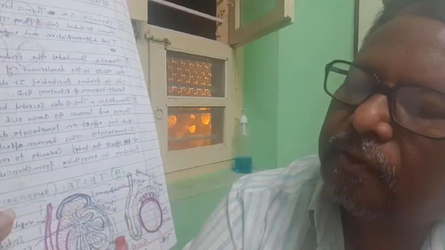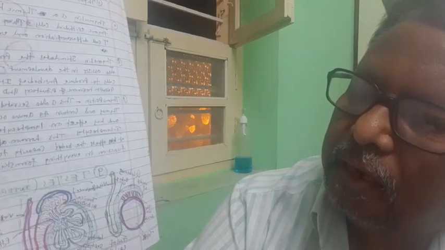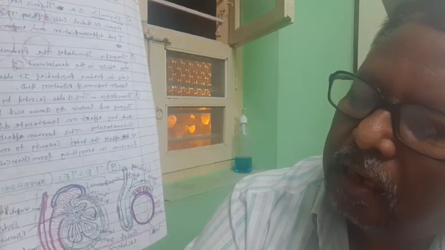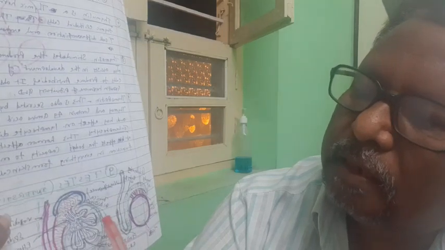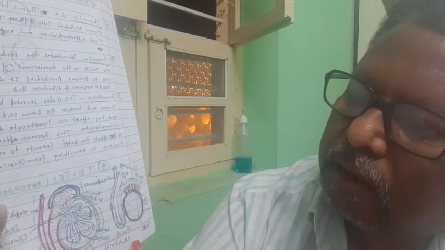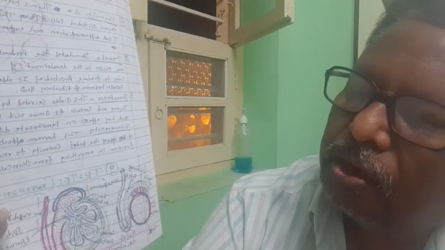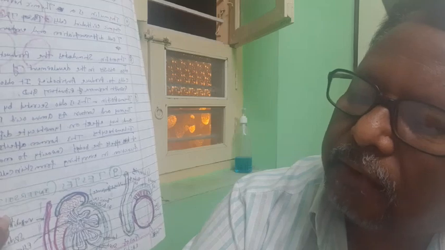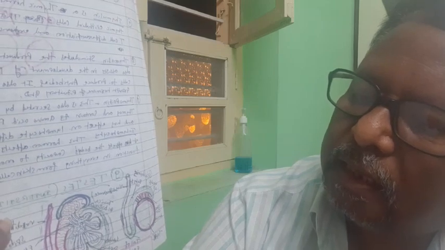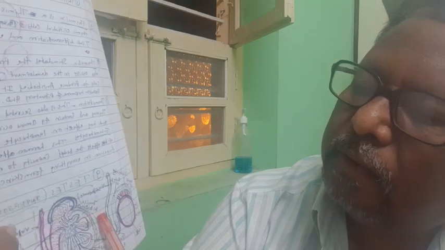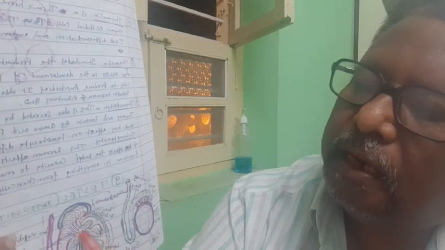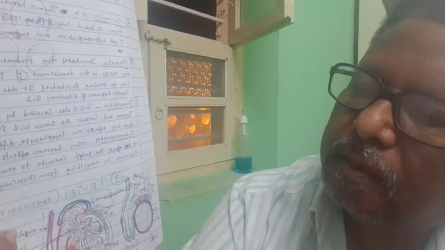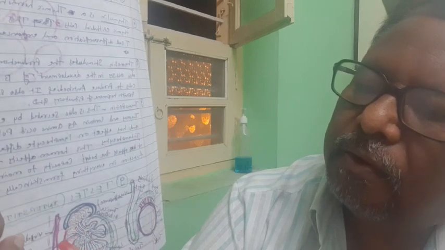When you take the section of the testis, you can see there are 3 layers: the tunica vaginalis, then the tunica albuginea, and the third one, the tunica vasculosa. The outer layer is the tunica vaginalis, the inner layer is the tunica albuginea, and the innermost is the tunica vasculosa. Then the epididymis, the head, the body and the tail, and the vas deferens.